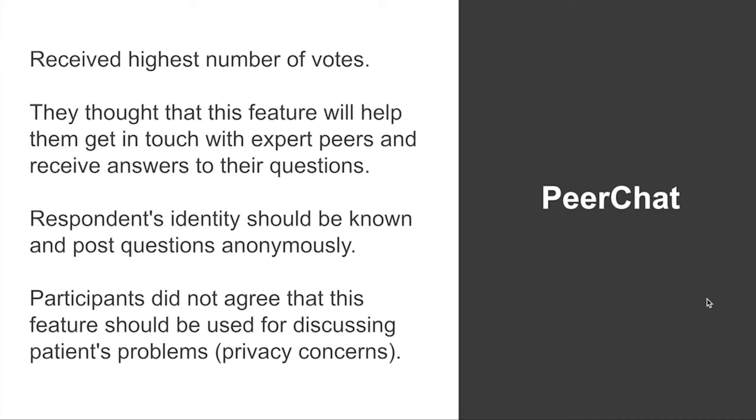But they thought that the peer chat will be more useful if it allowed them to ask questions anonymously, but they wanted to know the identity of the responders. And they did not think that this peer chat should be used to discuss patient problems for privacy purposes. They didn't want to use this feature for that reason.